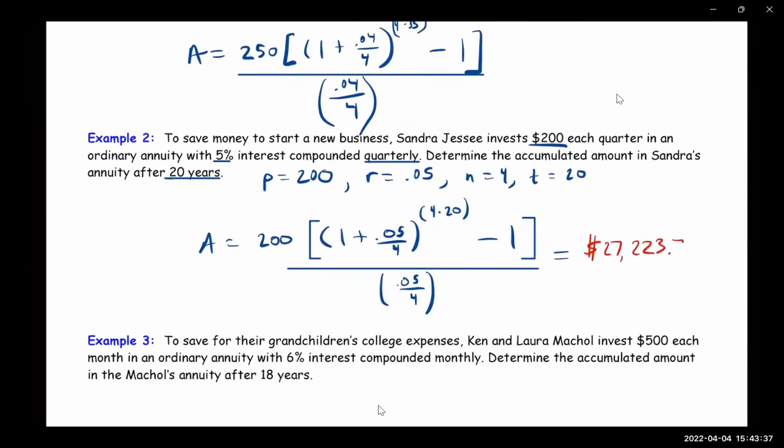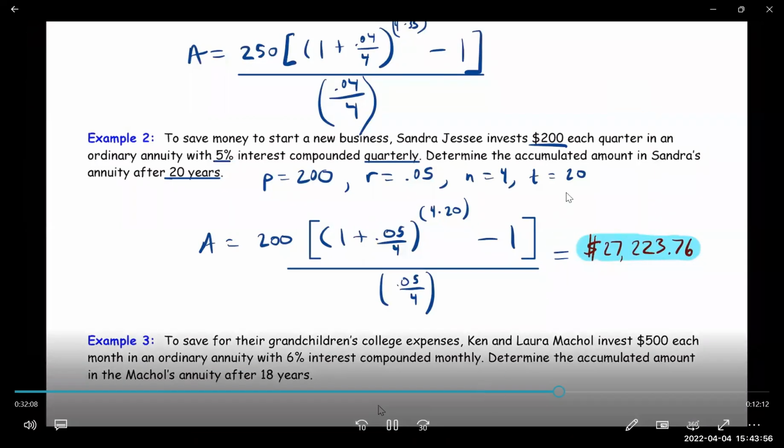4 times 20. So that's what I get. Divided by, close parentheses, 0.05 divided by 4. Oh, wait a minute. That's not what I got. I did something wrong.